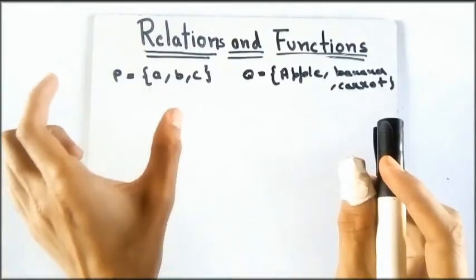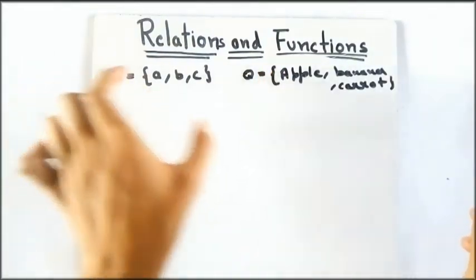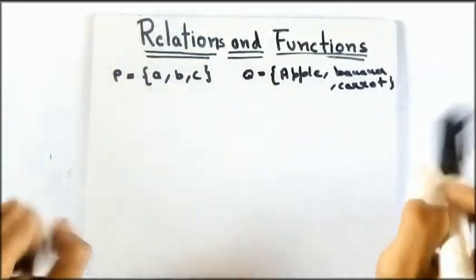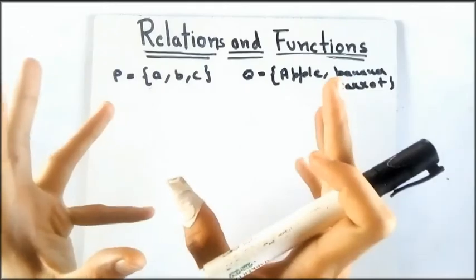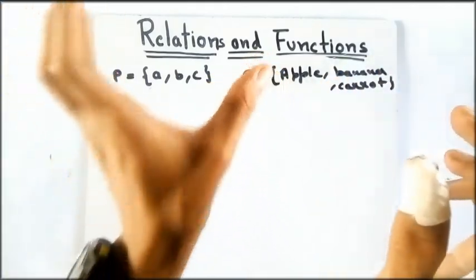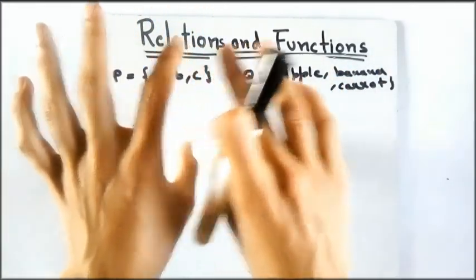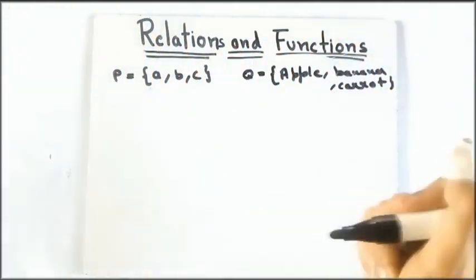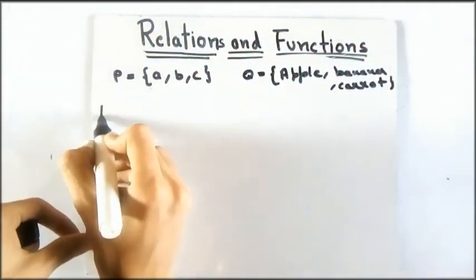Now let us consider these two sets, which are P and Q. P contains this and Q contains this. To understand what a relation is, we are going to take a Cartesian product of these. Now what is a Cartesian product? It's really easy.